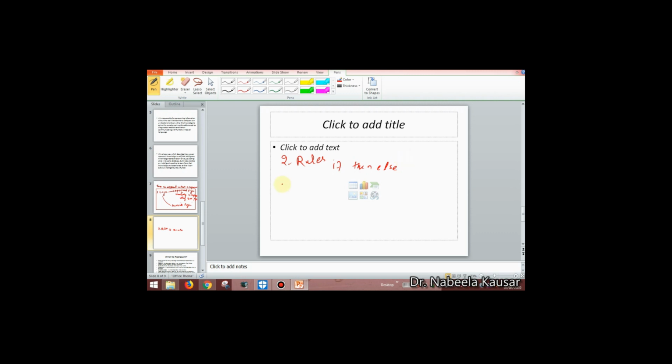The third type to make the knowledge base or to present the knowledge is the semantic net.